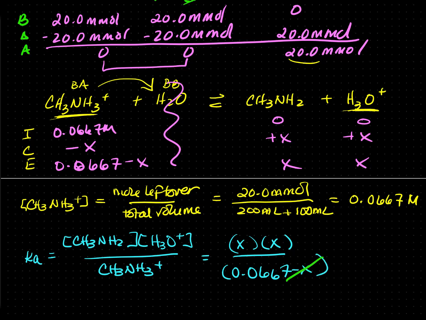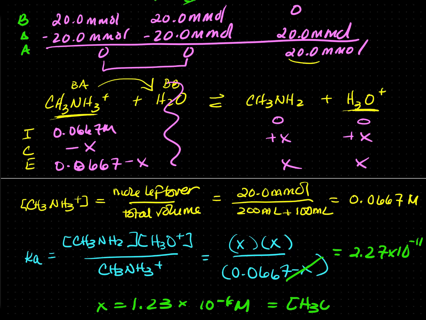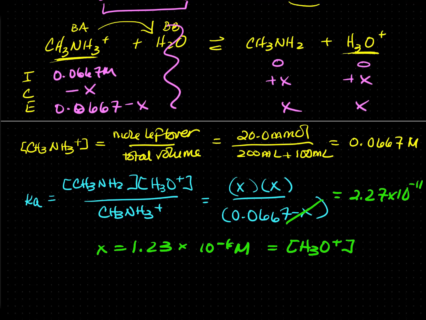We can assume that x is approaching 0 because we calculated Ka as 2.27 times 10 to the negative 11. Solving for x, you get 1.23 times 10 to the negative 6 molar. This is my x, which is the concentration of my hydronium ion, or H plus.